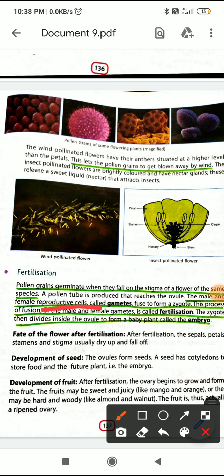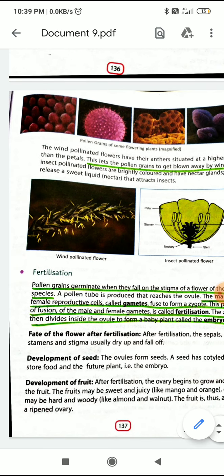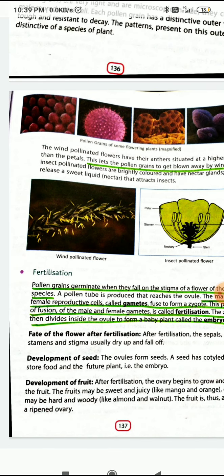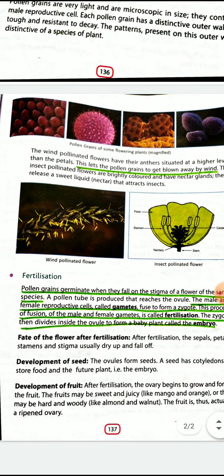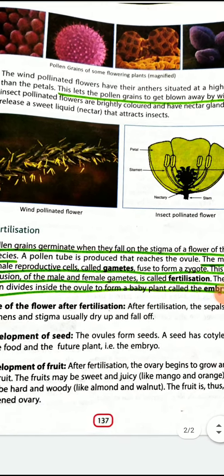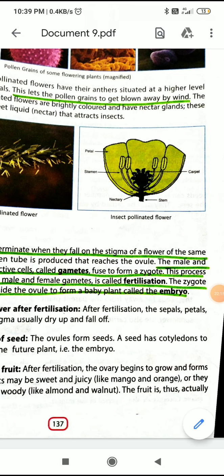A pollen tube is produced and reaches an ovule. The male and female reproductive cells are called gametes. It means the male gamete and female gamete fuse in this central portion, that is the ovary.